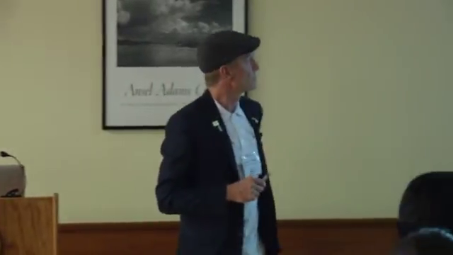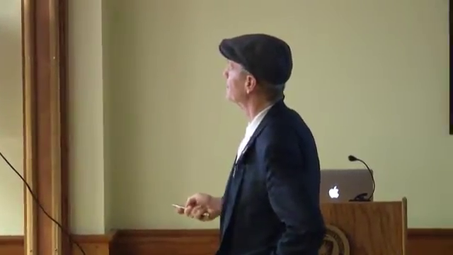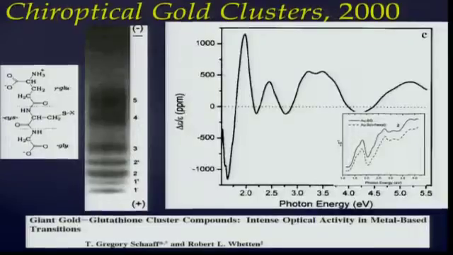Now, as Professor Bjørnholm mentioned earlier, we got our more recent start on this subject with gold clusters such as the gold 38 cluster. And this was the circular dichroism, or rather anisotropy factor, spectrum. And the really interesting thing about this is that the glutathione ligand doesn't absorb anywhere in these regions, and even the gold glutathione polymer, non-metallic polymer, doesn't absorb in the near ultraviolet or in the visible.